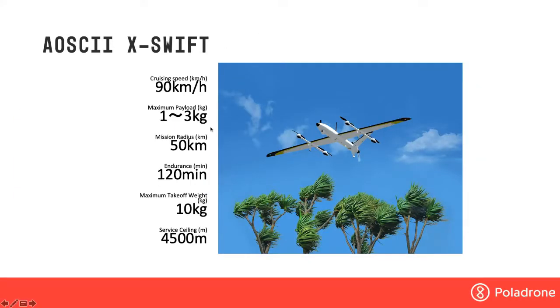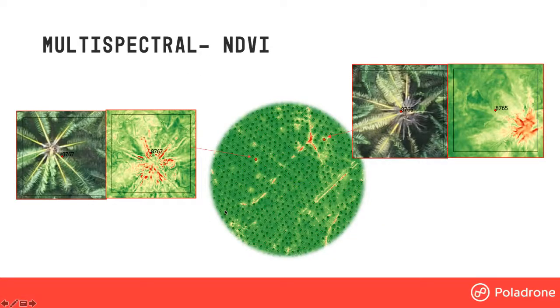Normally we carry Canon cameras, and the minimum radius that it can cover is 50 km. The endurance for the flight is around 120 meters, and the maximum takeoff weight is up to 10 kg. So this is about survey and mapping.